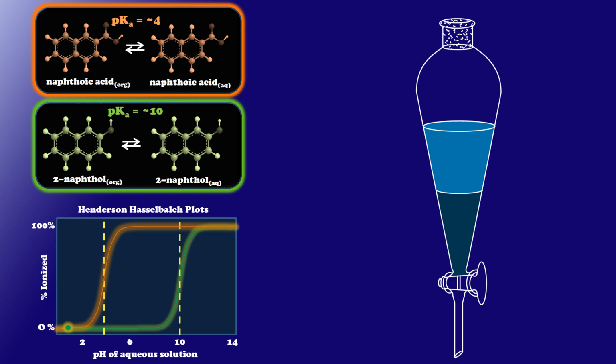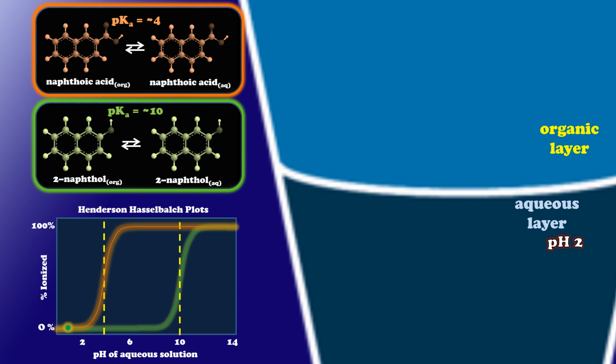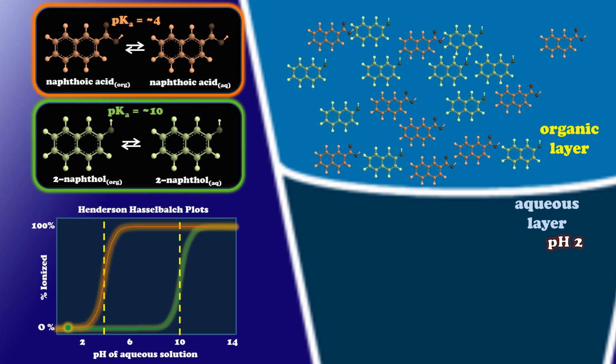Let's begin at a very low pH. Let's say that I have an organic layer above an aqueous layer with a pH of 2. This puts me down here in the Henderson-Hasselbalch plot, in a region where neither one of them is substantially ionized when they're in the aqueous layer. So I expect them to preferentially accumulate in the organic layer, because we're dealing with the solubilities of these neutral compounds, and they don't like to go into water when they're neutral.